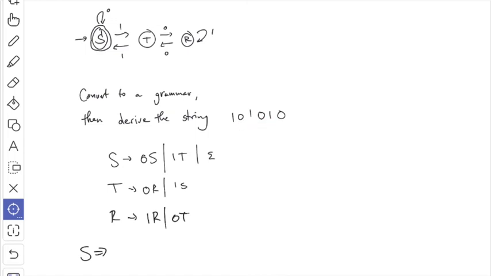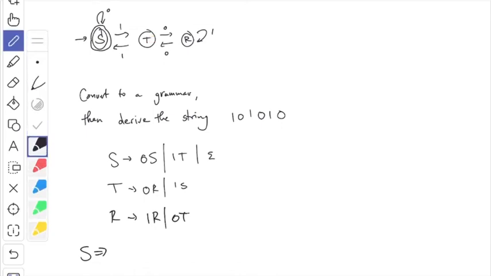Okay, so on the NFA, I got to go first of all 1 makes me go to T. So I'm going to go S goes to 1T. And then T, the next thing I want to see is a 0. T goes to 0R, so this will say 1 0R. Next I do the 1 at the end. It should go 1 0 1R.